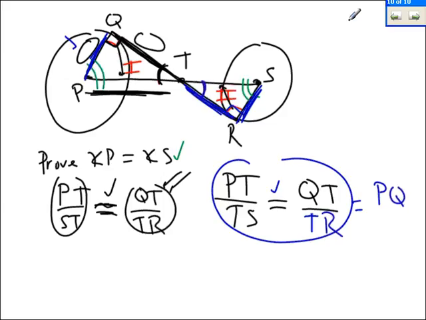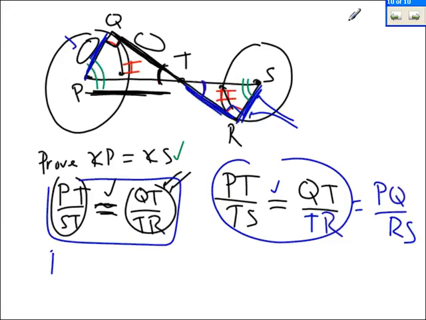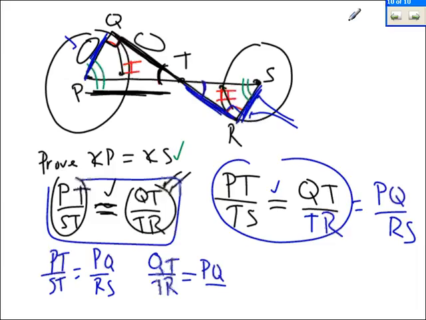RS is between the right angle and 2 slashes. I could have said this statement. I could say PT over ST is PQ over RS. I could say that QT over TR is equal to PQ over RS.